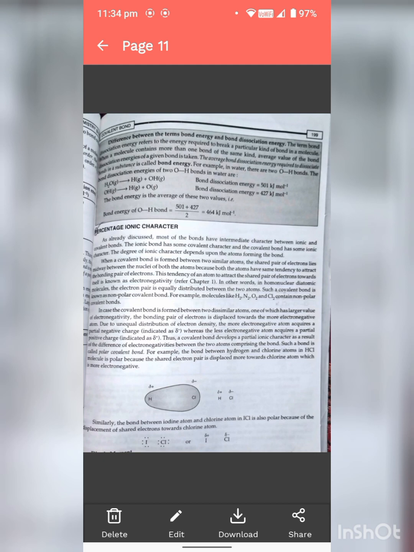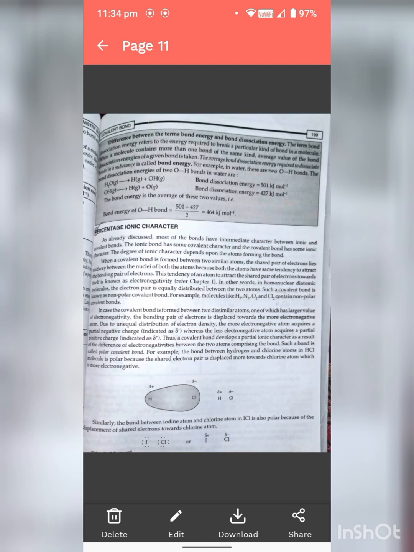This tendency of an atom to attract the shared pair of electrons towards itself is known as electronegativity. In case the covalent bond is formed between two dissimilar atoms, one of which has a larger value of electronegativity, the bonding pair of electrons is displaced towards the more electronegative atom due to unequal distribution of electron density.